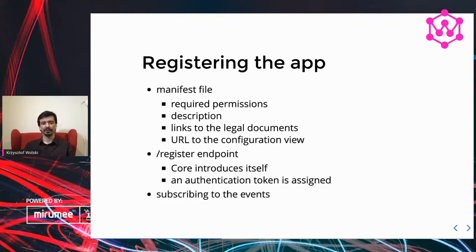And there are also sections for legal documents and URLs for the configuration view. We have the possibility to display the configuration view in our dashboard as an iframe. Also, your app has to expose at least one endpoint, which is register, which core uses to introduce itself. A token is exchanged and the app is added.